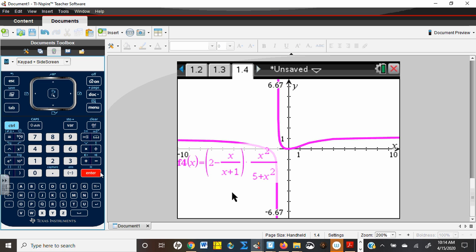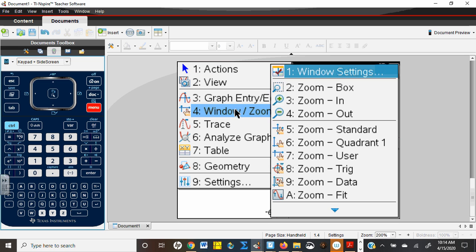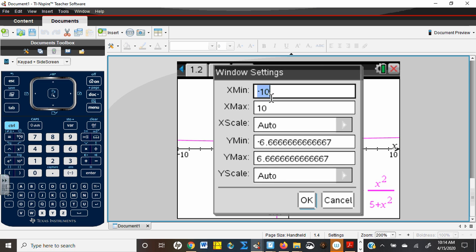Bam. So remember that what we determined algebraically, through analysis, is that this is going to have a limit of 1 in both directions. Indeed, I'm going to do two things for you, okay? One thing I'm going to do is go a little bit further out so that we can see the end behavior further than 10 and negative 10.